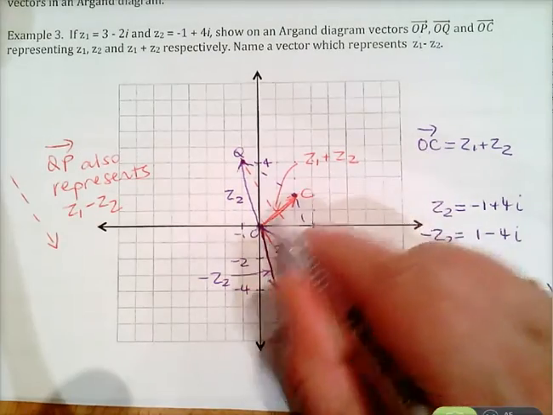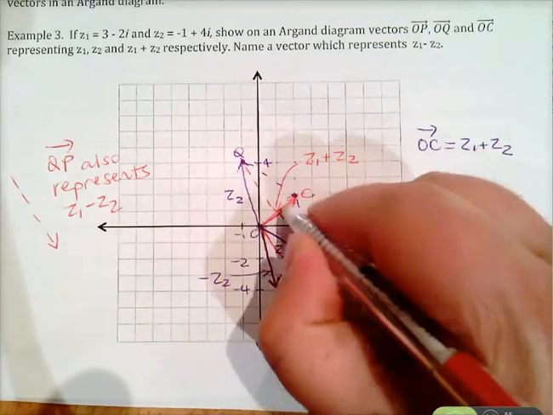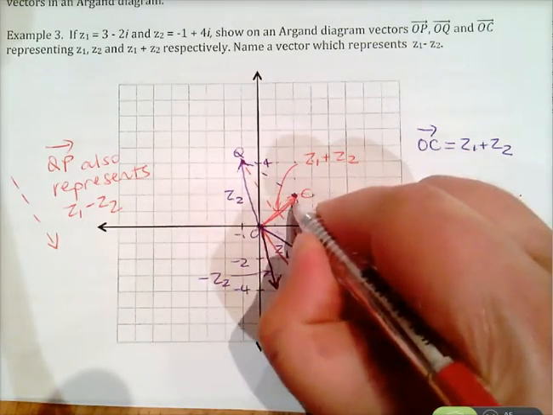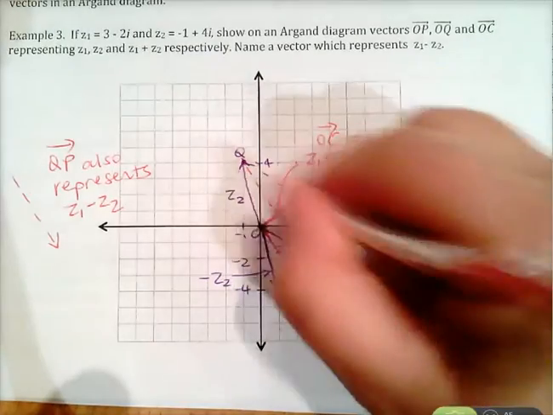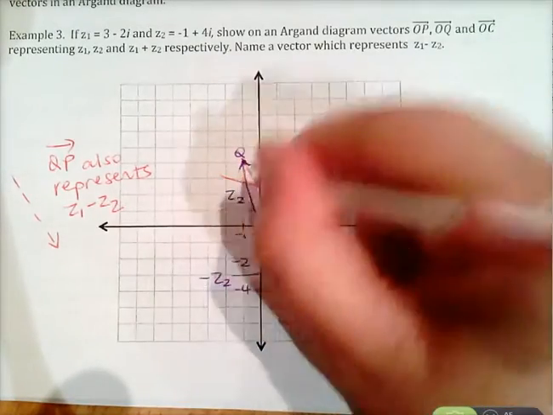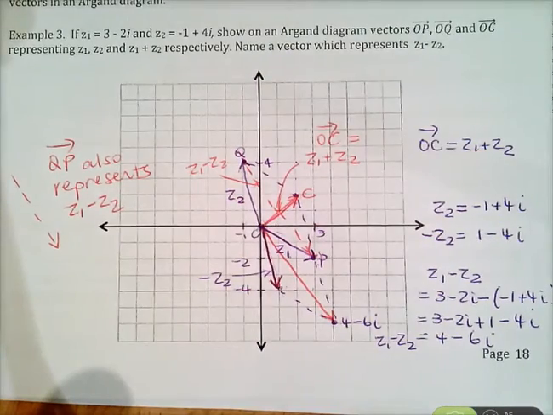So notice one diagonal here, this short diagonal OC, is Z1 plus Z2, and this other diagonal QP is Z1 minus Z2. So it's basically the other diagonal.